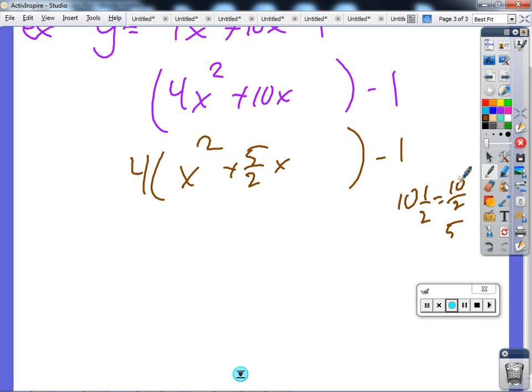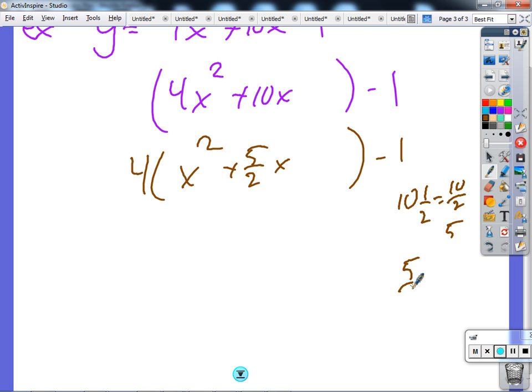What's the number I have? 5 halves, right? I want to times it by a half, or cut it in half, so therefore that number is 5/4. Anybody have a question on how I got 5/4 as being my half value? All you got to do is take the number and times it by a half. That's all you do. That wasn't bad, was it?